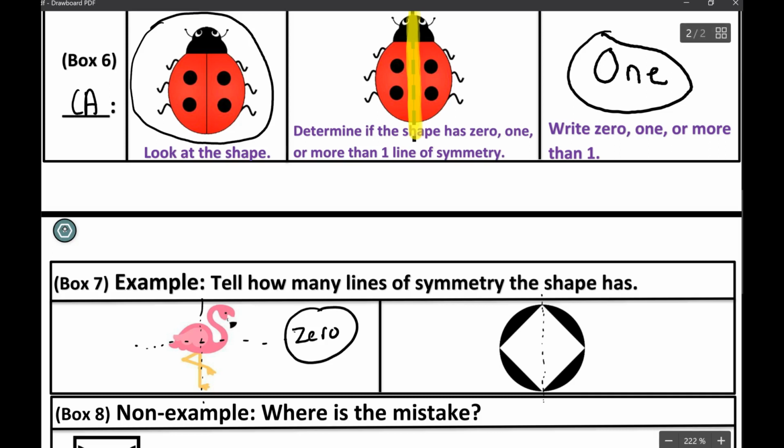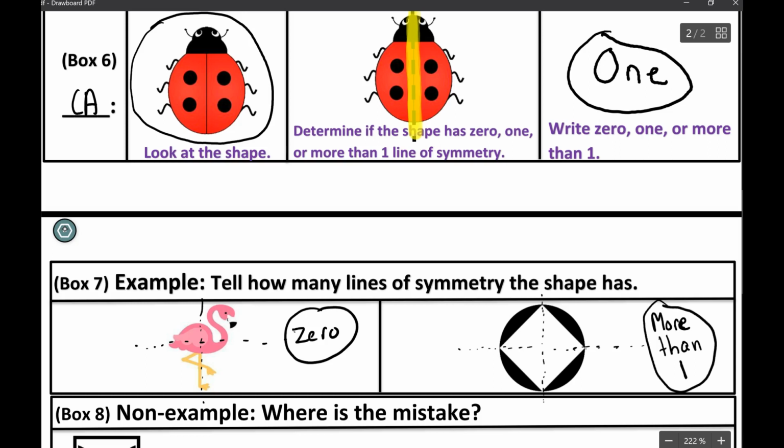Now, if I do it horizontally going like this, I can see another line of symmetry if I were to fold it up and down like that. So it would fit perfectly. So for this one, it has more than 1, because we're comparing. More than 1, and then I would just circle that.